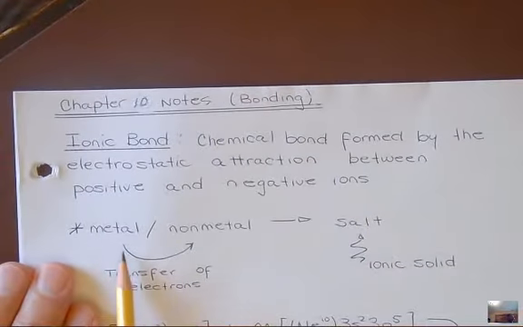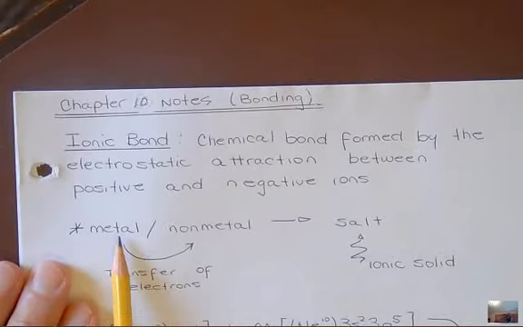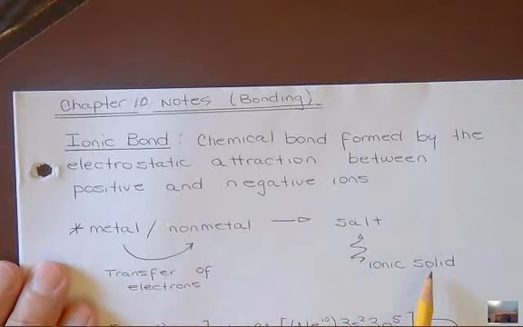Usually what happens is that you have a transfer of electrons, which is an oxidation reduction reaction, where a metal from the left-hand side of the periodic table donates electrons to a nonmetal and makes an ionic solid at the end. An ionic solid is defined as a salt.